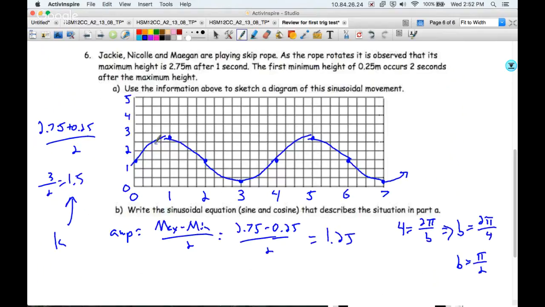To get phase shift, I'm going to do cosine again, and then just move it 1 unit to the right, giving us a final equation y equals 1.25 cosine of pi over 2 in parentheses x minus 1 to do the shift, close parentheses, plus 1.5.